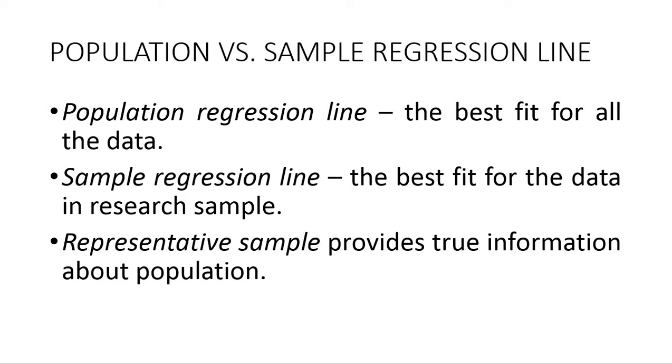So it's important to know the notion of a representative sample. A representative sample is assumed to provide true information about the population. If we want to stick to the previous example I provided, imagine that there are two researchers. One collects surveys for females working in different areas, in different countries, of different age, of different level of income.